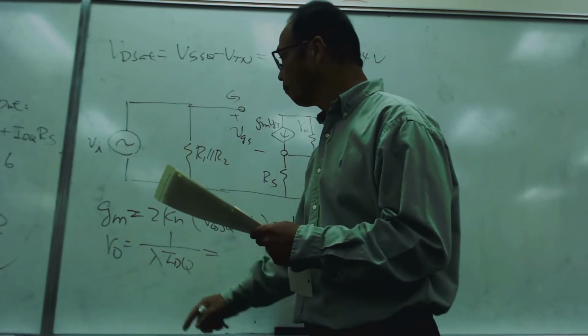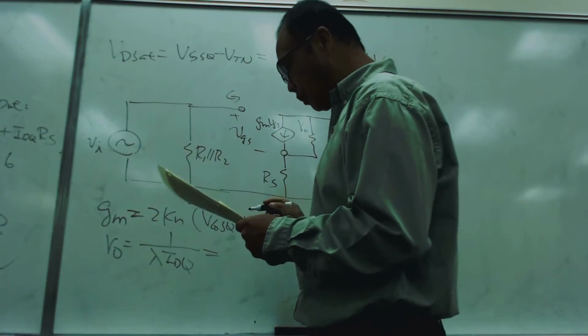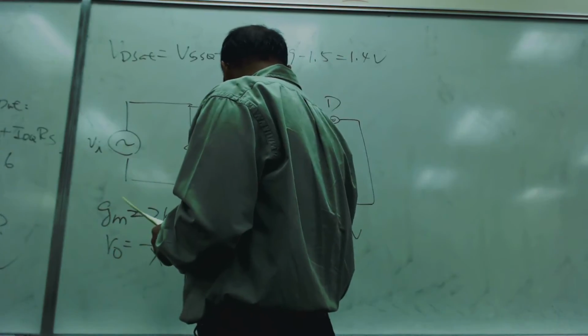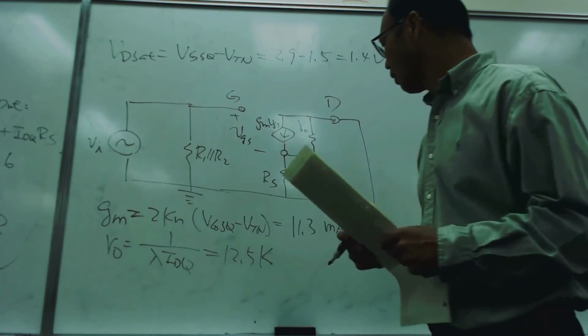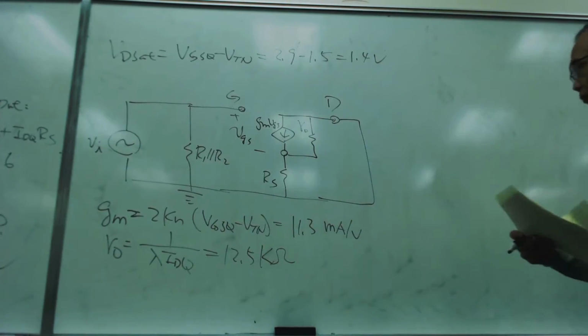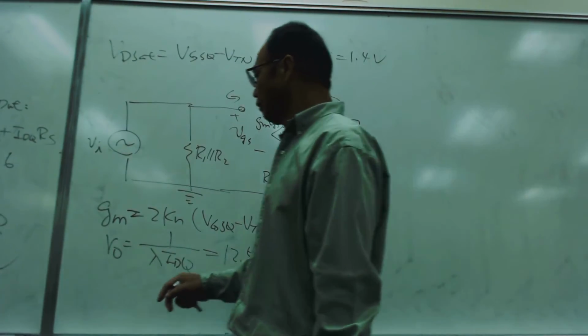IDQ is known, correct? 8 milliamp. So therefore, I get 12.5K. So far so good.